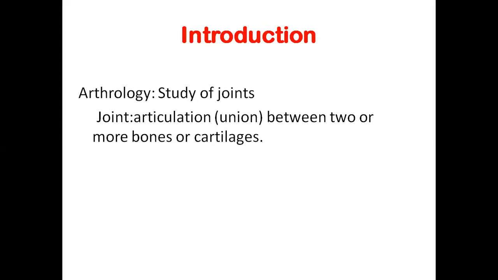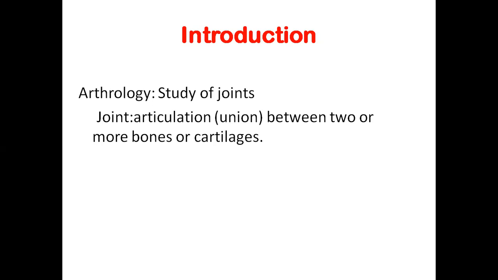So, what is a joint? The study of the joint is called arthrology, and a joint is defined as an articulation or union between two or more than two bones, or a bone and a cartilage. So, this is a simple definition of the joint.